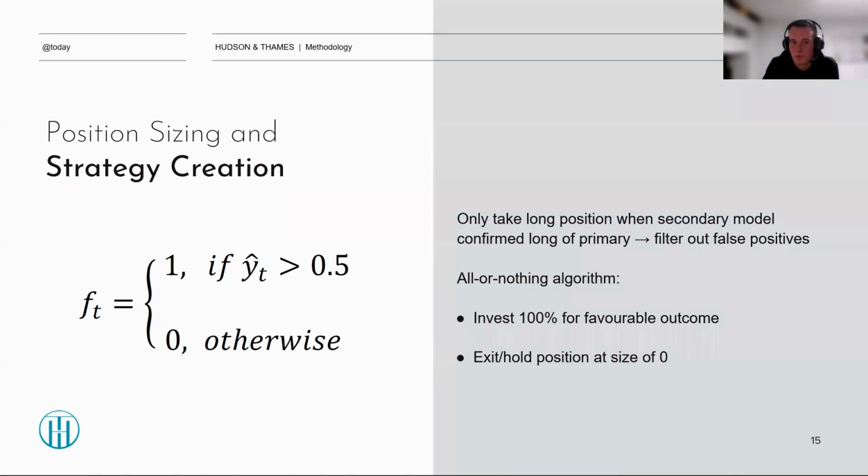So the strategy basically works in that way that we only took a long position when the primary model advised going long, and the secondary model confirmed this prediction. From this approach, this yielded the size of the position.